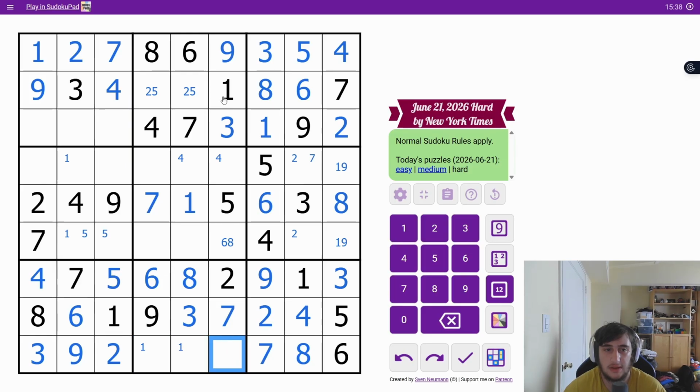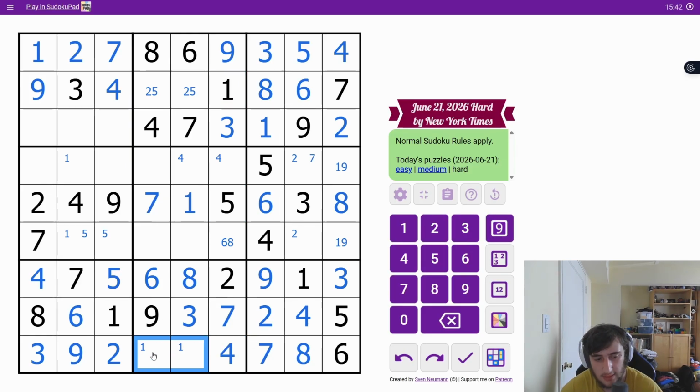This square sees a 1 and a 5, so this is a 4. And then this is a 1, 5 pair. But we see a 1 here, so that's a 1. This is a 5. Now this is a 5, that's a 2.